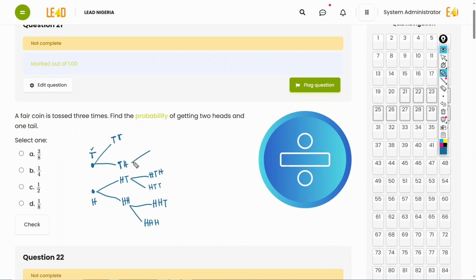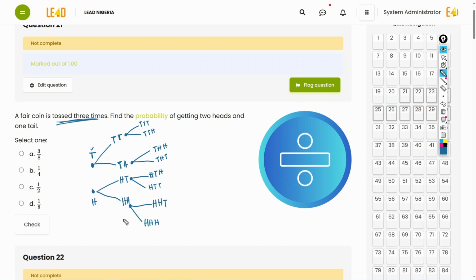For the next one here, I could have tail, head, head, or tail, head, tail. And for the final one here, I could have tail, tail, head, or tail, tail, tail. So this is the sample space. Any question concerning a fair coin being tossed 3 times, this is the sample space. You can always draw it, and then we can decide from there.